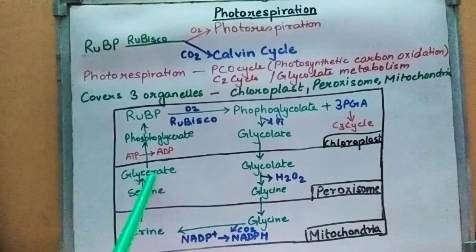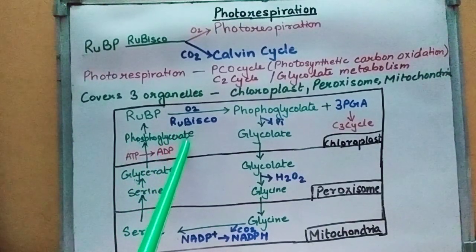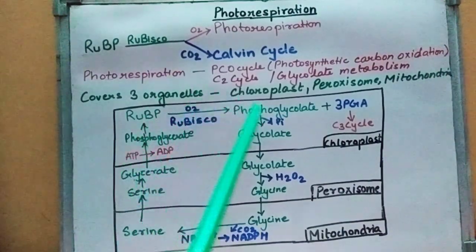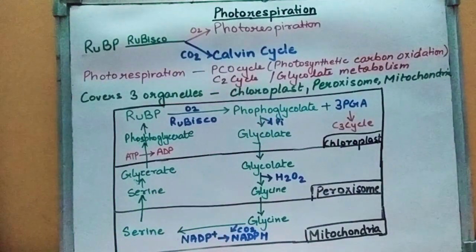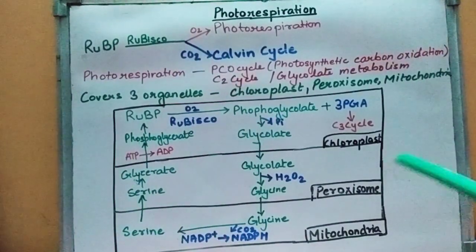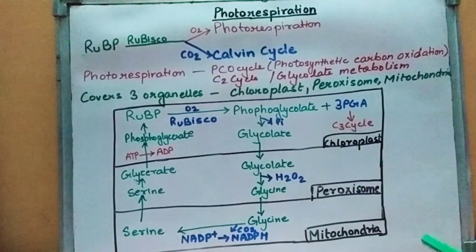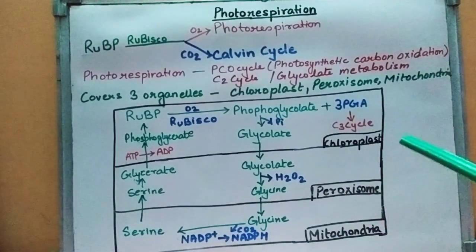So glycerate will enter the chloroplast for the regeneration of phosphoglycerate. Phosphoglycerate converts into RuBP for the cyclical continuation. In this way, the molecules pass from the chloroplast to the peroxisome to the mitochondria, again from the mitochondria to the peroxisome, and back to the chloroplast.